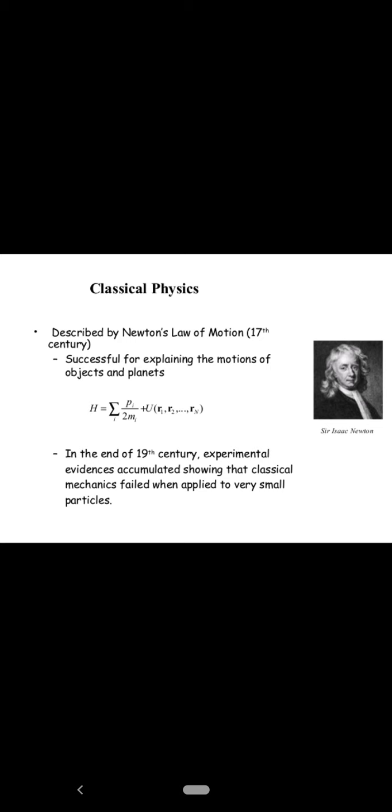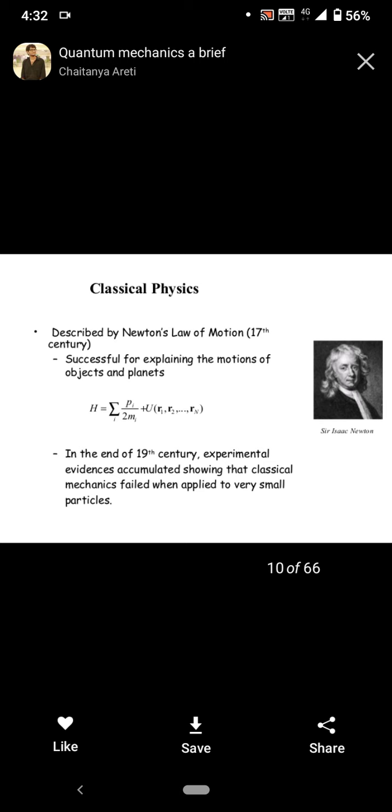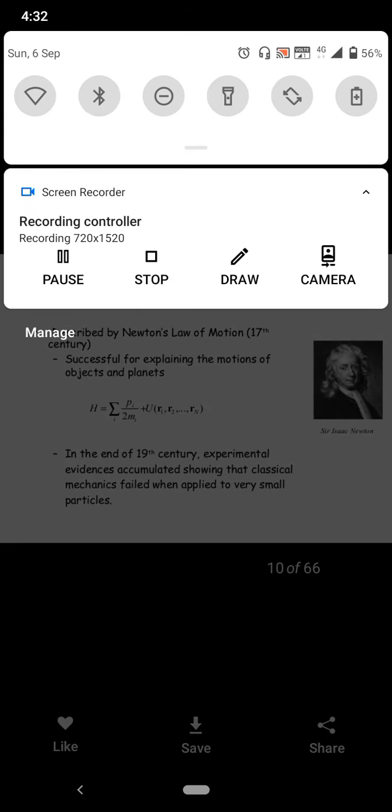So to explain the behavior of very small particles, quantum mechanics came into the picture. In the next session we will see how quantum mechanics explains the behavior of small particles, and which experiments classical mechanics could not explain but quantum mechanics explained easily. So we will continue the discussion in the next session. Thank you.